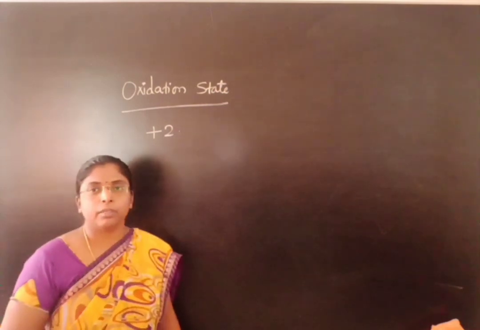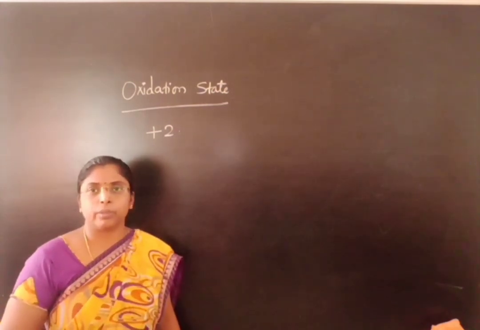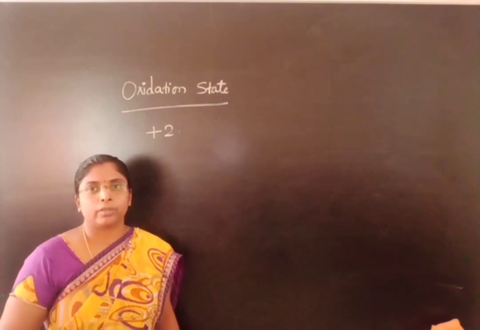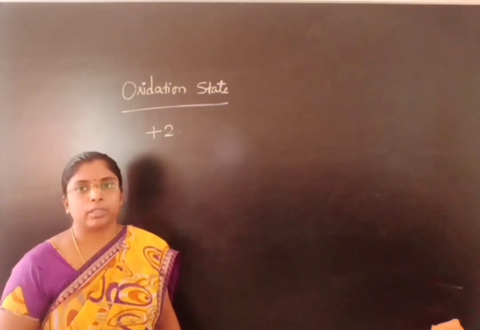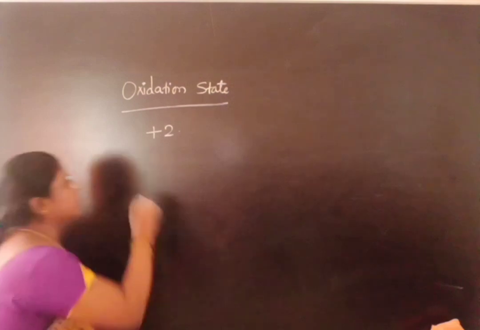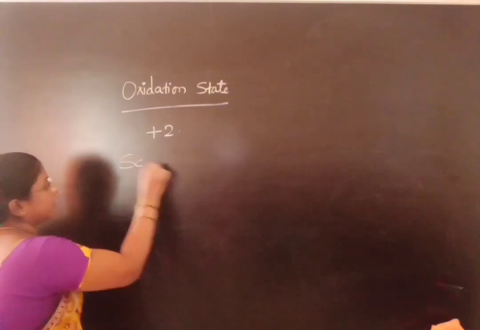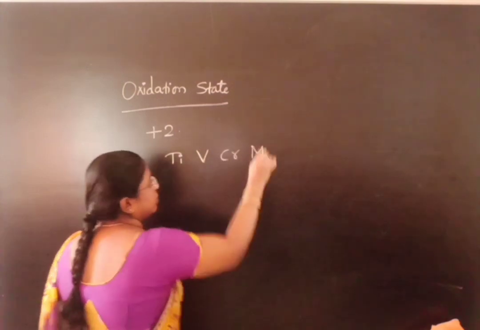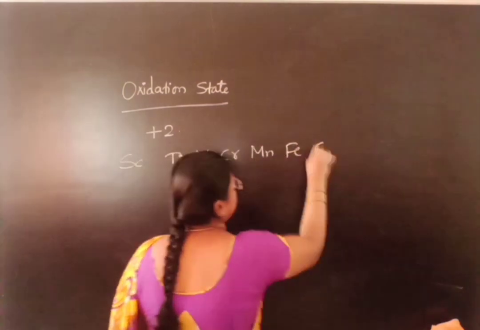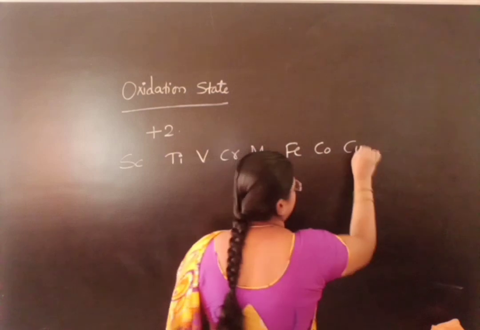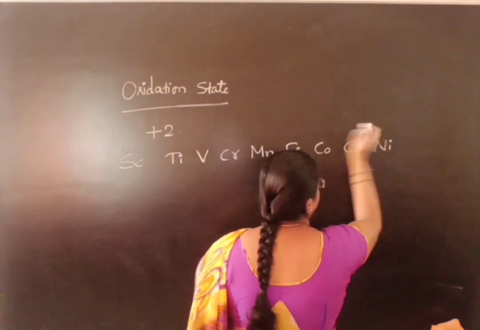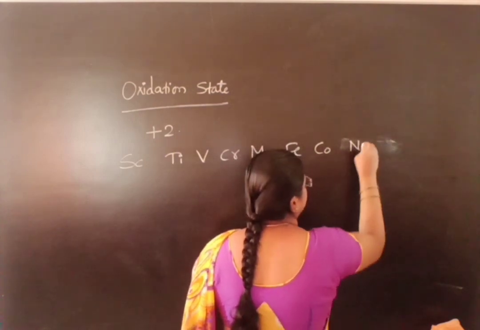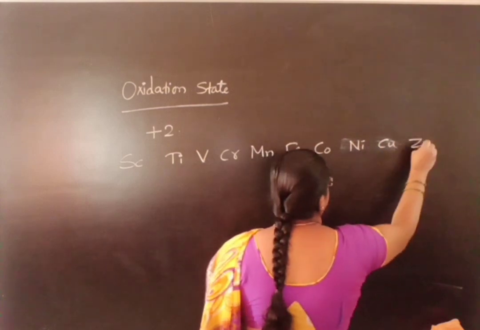Here, the d-block elements exhibit both types of oxidation: high oxidation state as well as low oxidation state. If you see the elements of the first transition series: scandium, titanium, vanadium, chromium, manganese, iron, cobalt, nickel, copper and zinc.